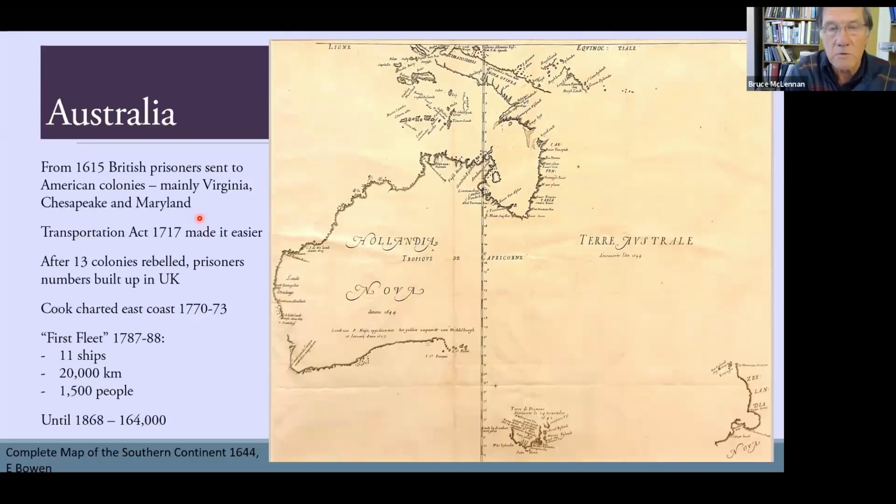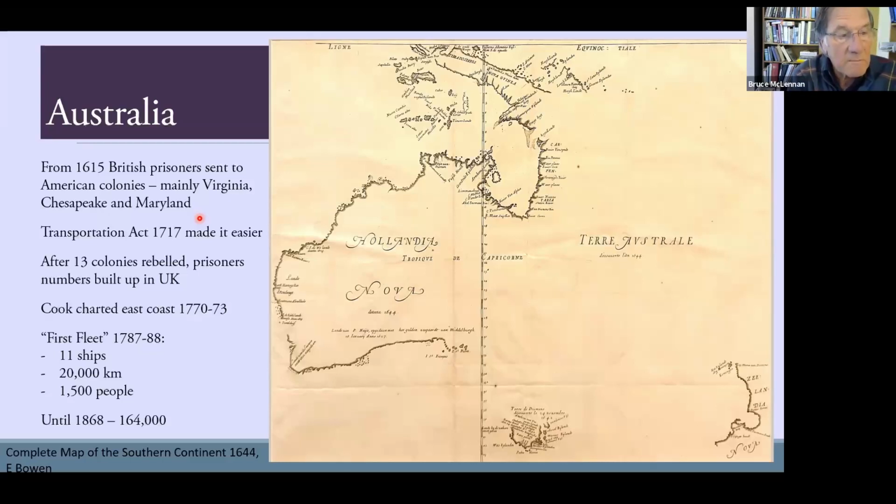Seven years was the usual thing, just like the early indentured labourers who went to Jamestown. It's a pretty easy thing once you know what you're looking for to find about these prisoners, is the word to use, that went to the American colonies right from the early days until the rebellion. The Act of 1717 made it easier to send prisoners from Britain to North America.